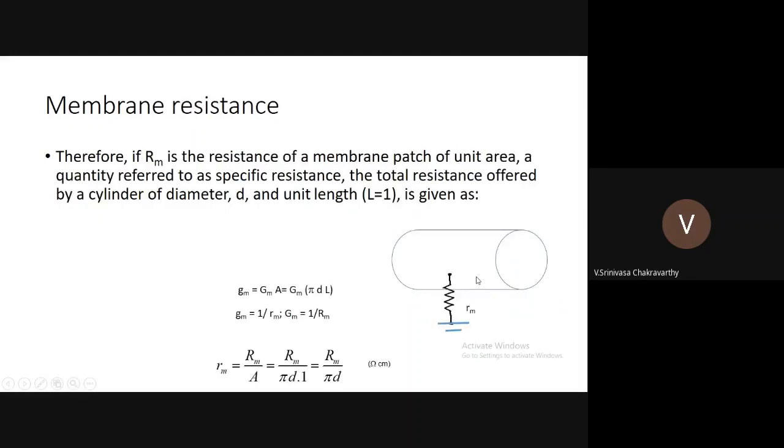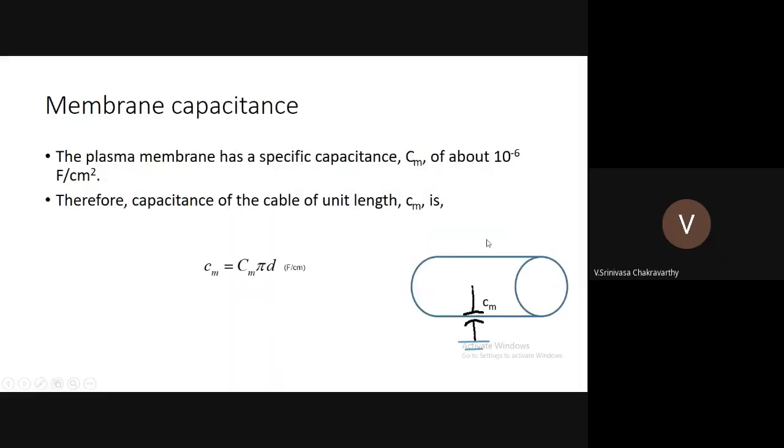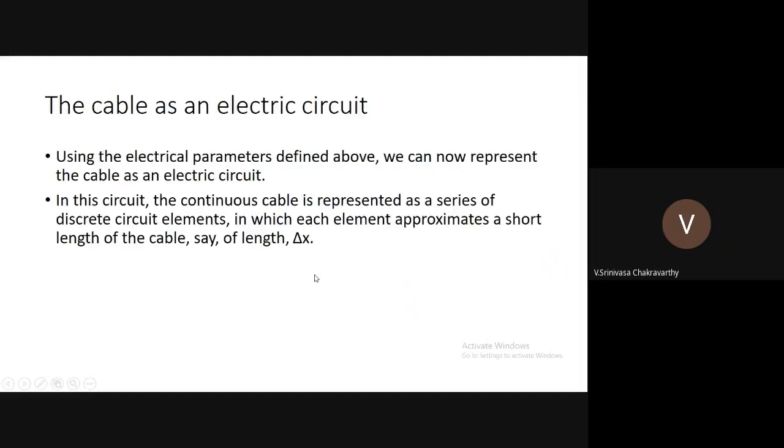In the previous case, also conductance is proportional to the area. Here also capacitance is proportional to the area. So you have very similar arguments. So therefore, here you have small Cm is equal to uppercase Cm times pi d, which is given as a farad per centimeter.